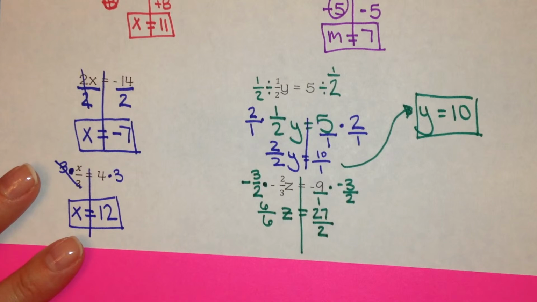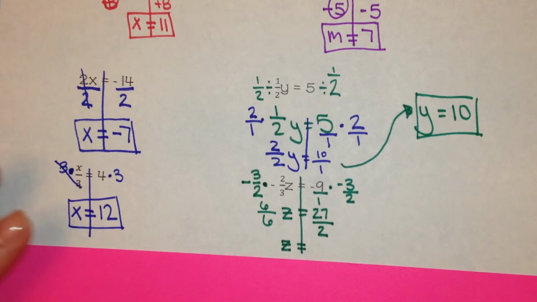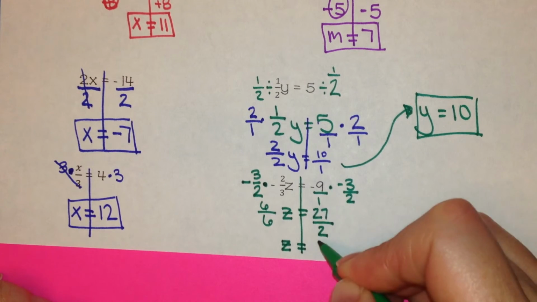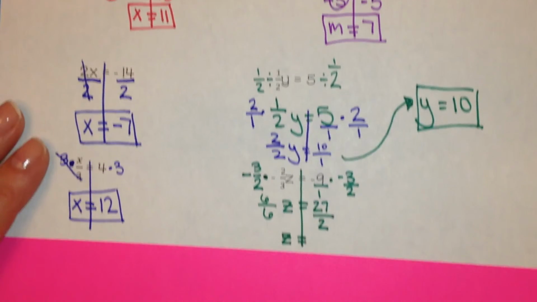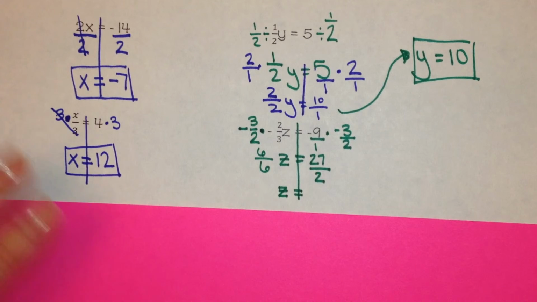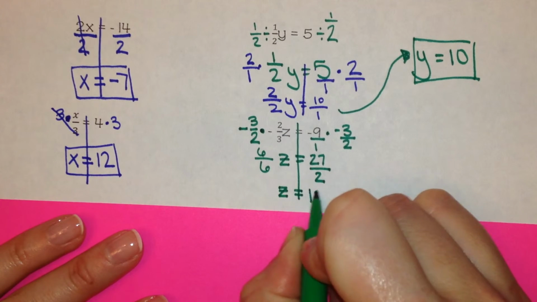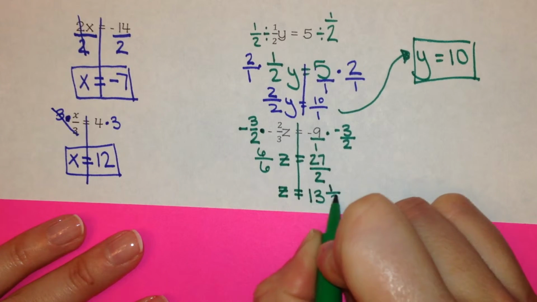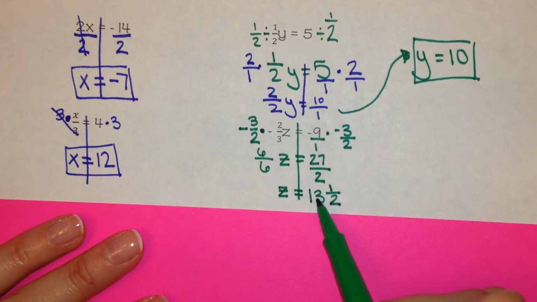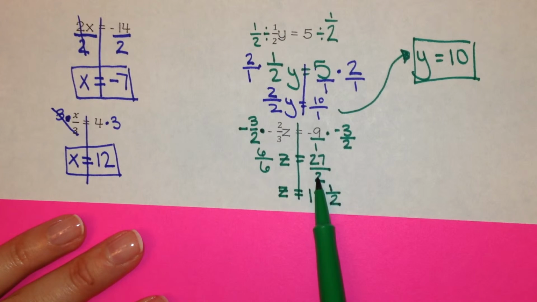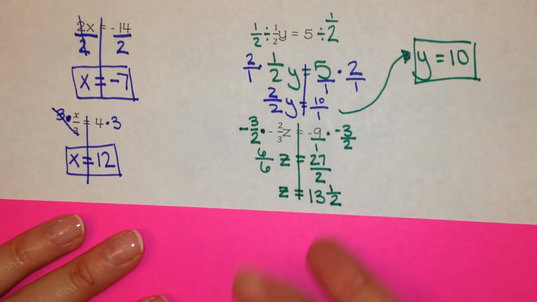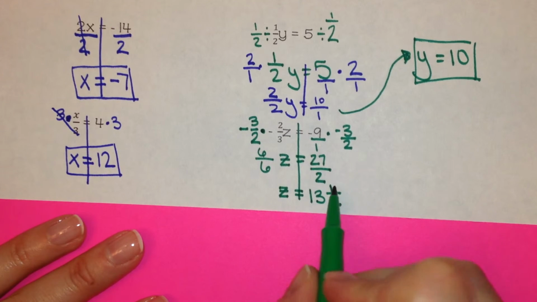So I have 1z, which I can just write as z, equals, all right, I have 27 halves. I can reduce this, and I know that I have 13 and 1/2. Because remember, how many times does 2 go into 27? Well, it goes into 26 13 times. Now I'm left over with 1/2.